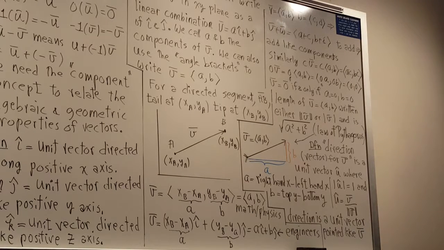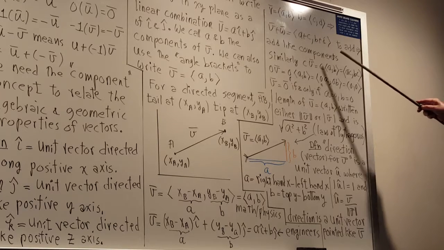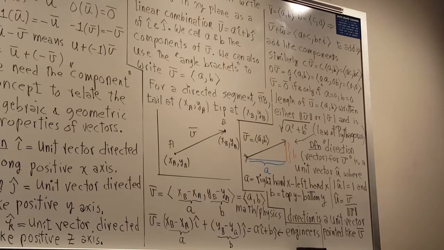But notice that that's more writing, because you really have to put parentheses around the a plus c times i, and then plus, and then parentheses around the b plus d, and then times j. So this is really a more efficient way to write vectors. So to add vectors, you add like components, is what the bottom line is.